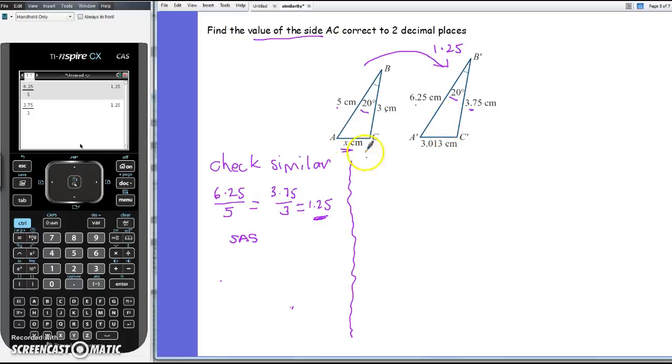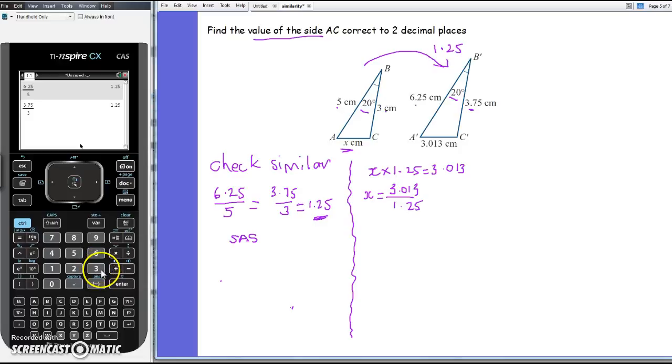So I know that x times 1.25 would give me 3.013. To get this x by itself, we need to get rid of the times, which is dividing by 1.25. So x is going to be 3.013 divided by our scale factor of 1.25.